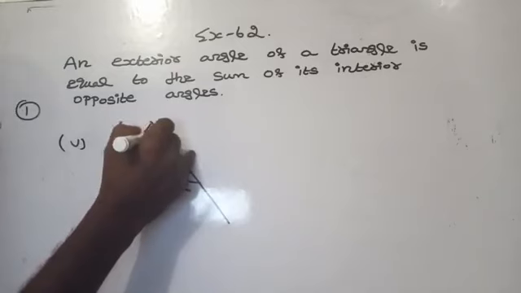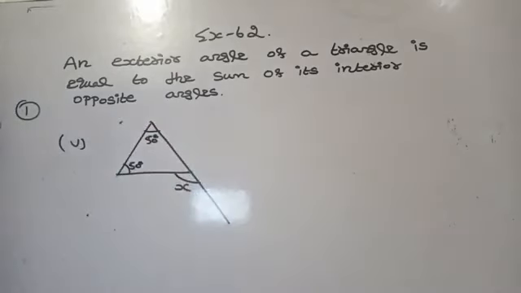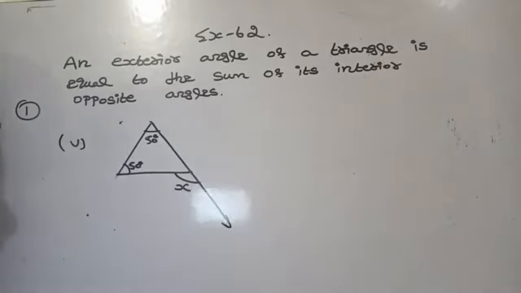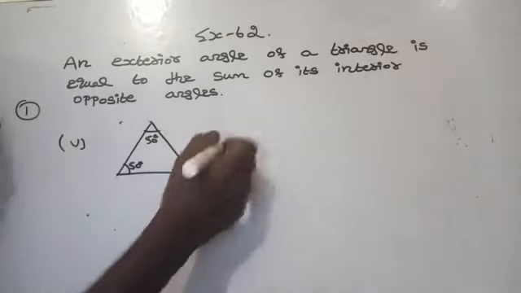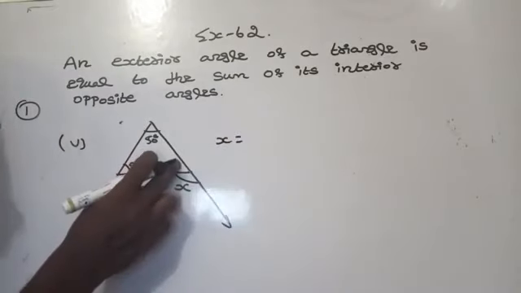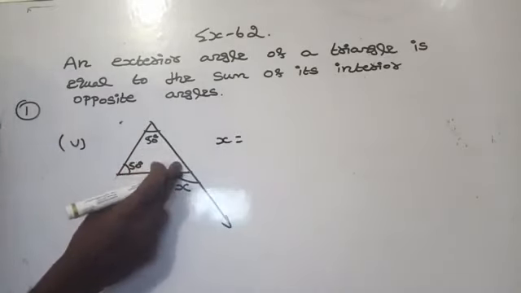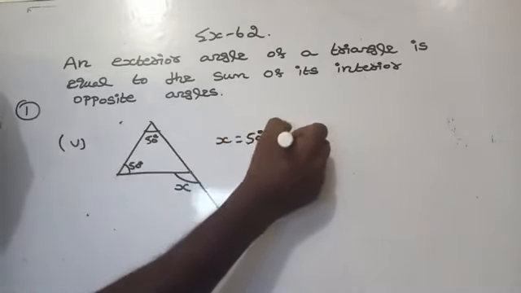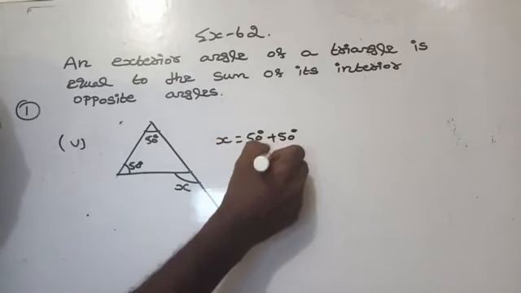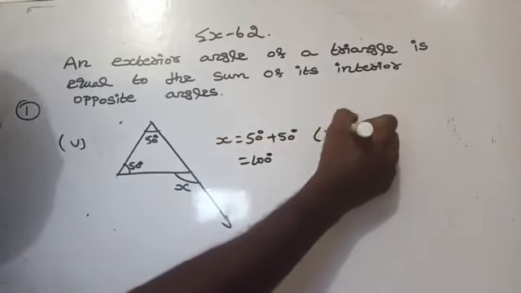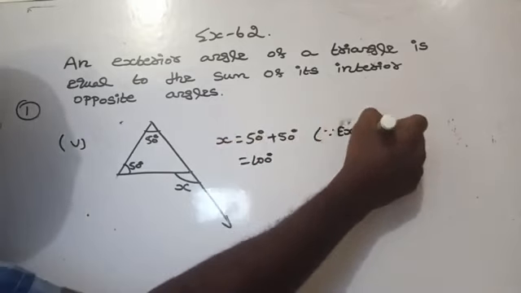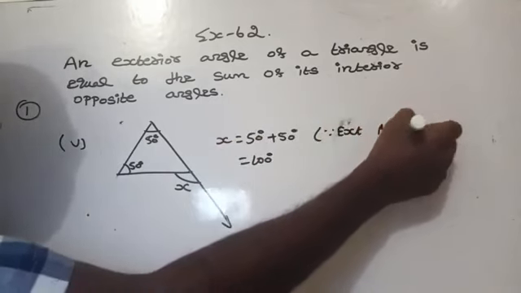It is 50 degrees. Find the value of the unknown. So in a triangle, if any side is produced, the exterior angle so formed is equal to the sum of opposite angles to its interior. So it is the exterior angle. It is an interior angle. The two opposite angles to the interior are 50 degrees and 50 degrees. Therefore, x is equal to 50 degrees plus 50 degrees, which is equal to 100 degrees by using the exterior angle sum property of a triangle.